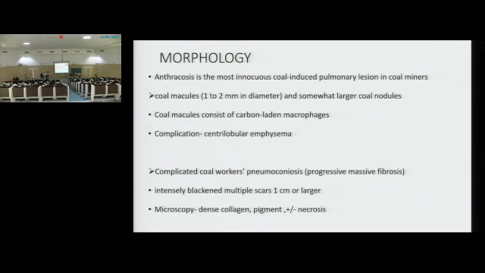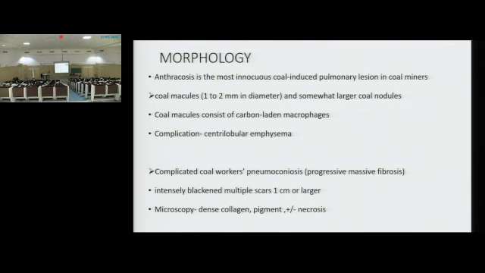So morphologically, there is a spectrum in coal workers pneumoconiosis. It varies from simple anthracosis to massive pulmonary fibrosis. Anthracosis is the most common form of coal workers pneumoconiosis, and it is the pulmonary lesion induced in coal miners.